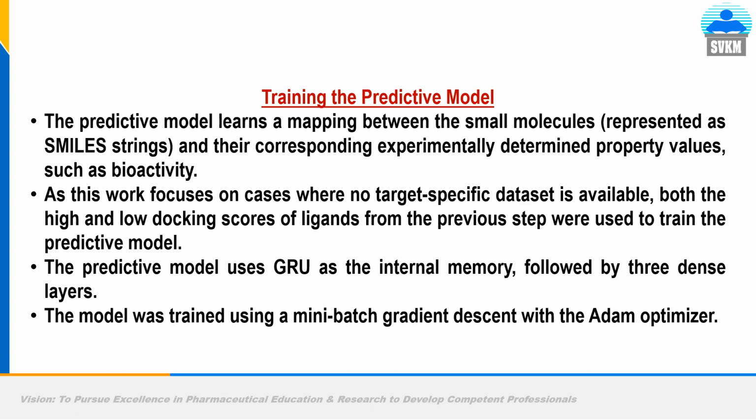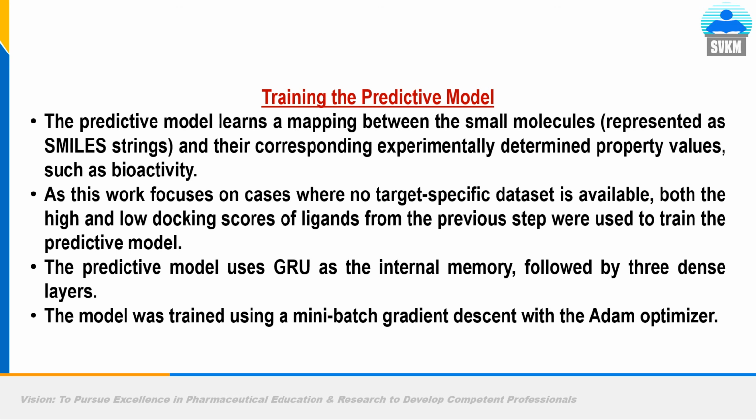Now you will train the predictive model. The predictive model learns a mapping between the small molecules and their corresponding experimentally determined property values, such as bioactivity or logP or others. As this work focuses on cases where no target specific dataset is available, both the high and low docking score ligands from the previous step were used to train the predictive model.